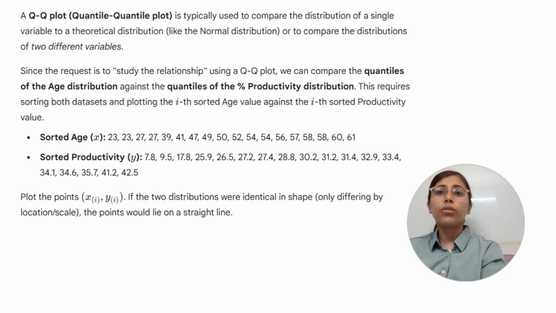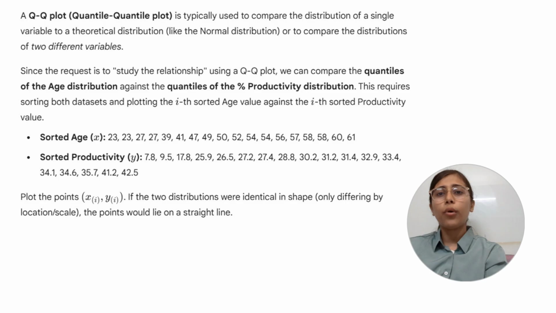This requires sorting both data sets and plotting the ith sorted age value against the ith sorted productivity value. Sorted age is arranged from increasing to decreasing value, and we have also sorted the productivity column.